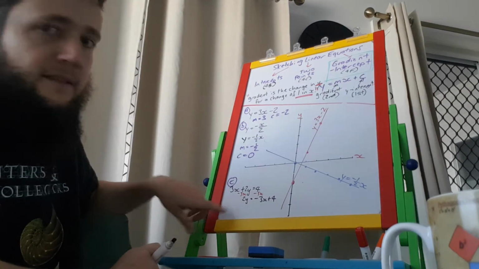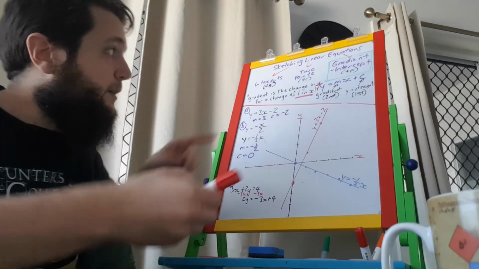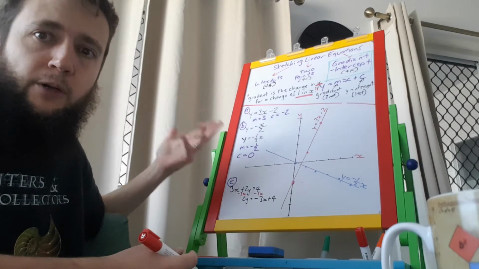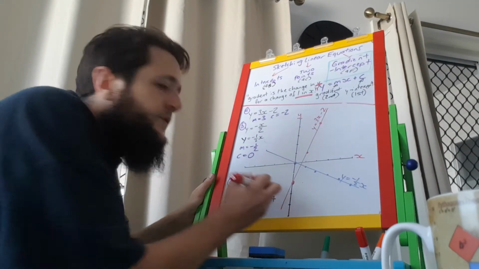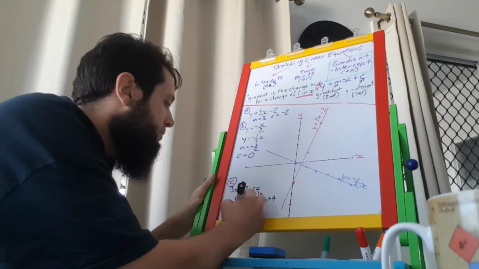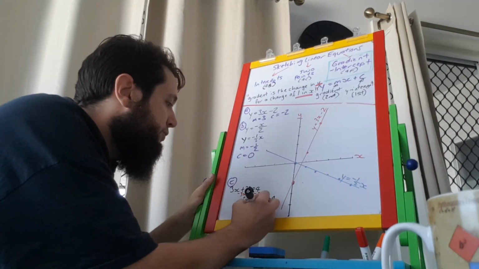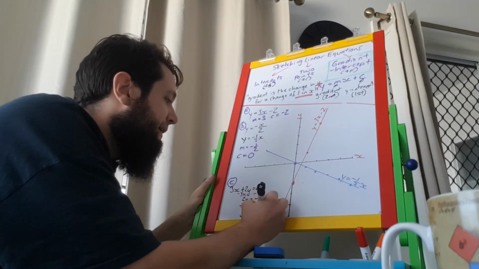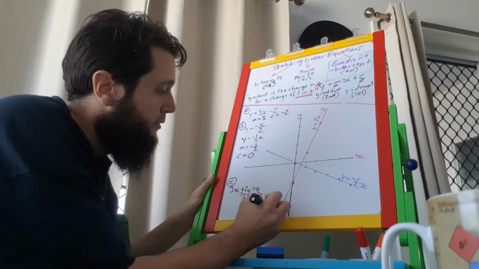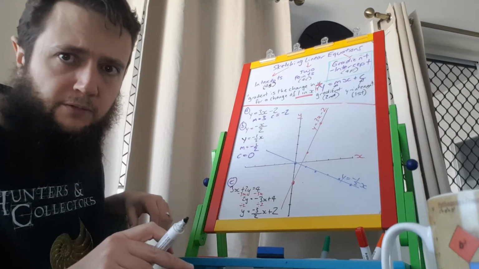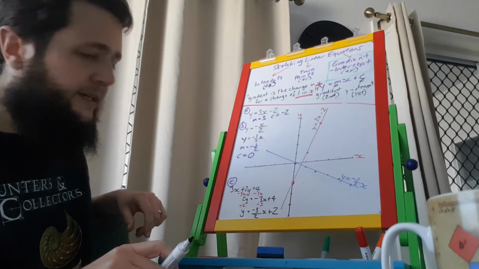Now, here I still have 2y. I need it to just be y to be in the standard format. The opposite of multiplying by 2 is dividing by 2. If I divide both sides by 2, I end up with y equals negative 3 halves x plus 4 divided by 2 is 2. Remember, you have to divide everything by 2. Be very careful with your algebra there.